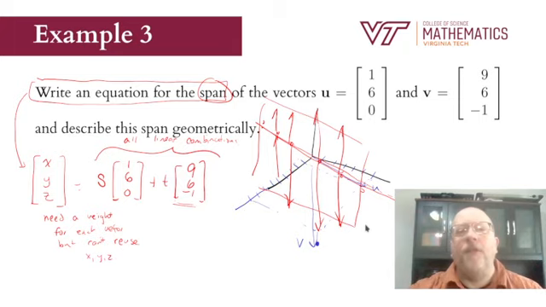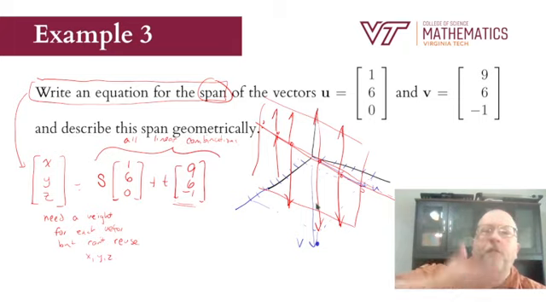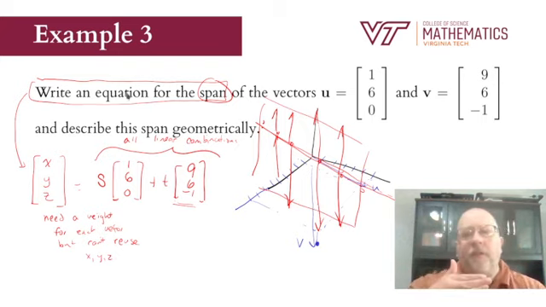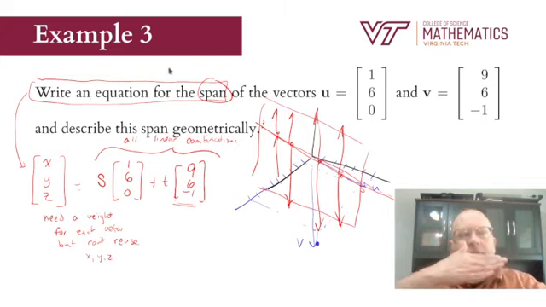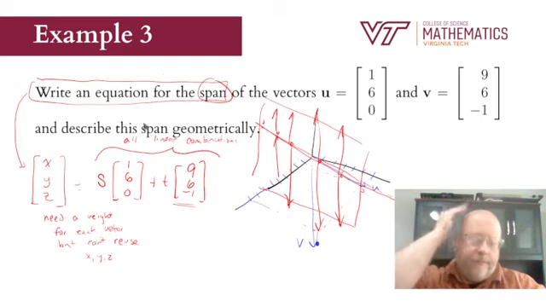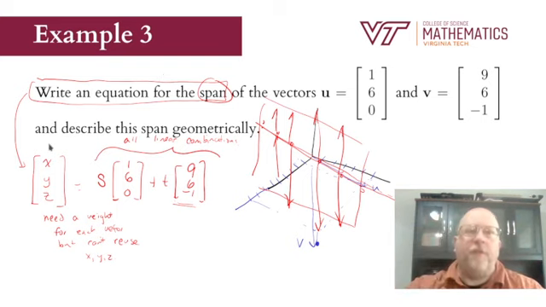And so the span geometrically is a plane that, in our sort of sense, looks like it goes up and down with maybe a slight tilt on it, because one of the vectors, the u vector, is on the xy plane, and so the surface goes through that.